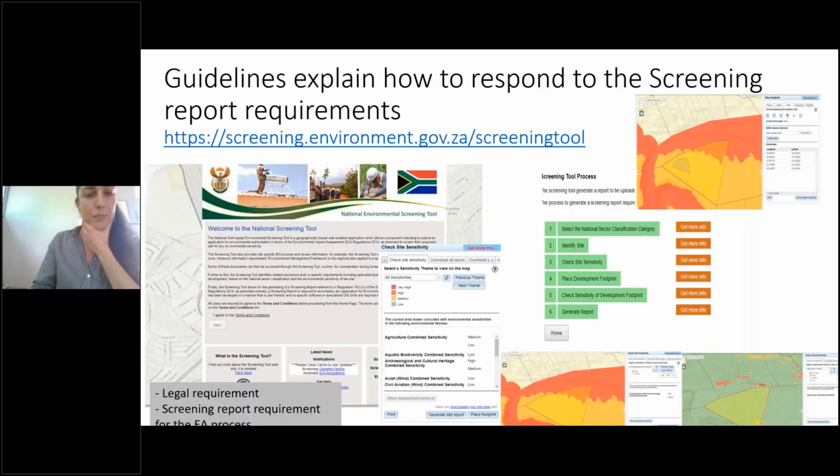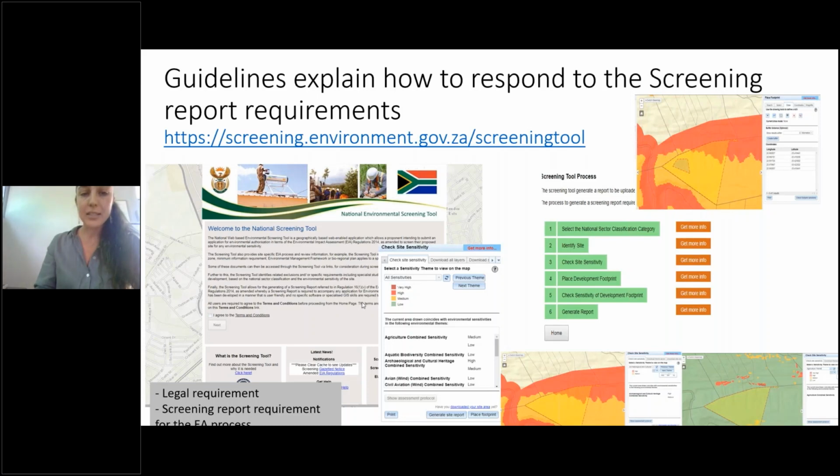Okay, so I am aware that you've heard about the screening tool, but for those who were not on the previous webinar and are not yet familiar with it, this is a tool that is online, and it's now regulated that for any development, the applicant needs to upload the development footprint, you see here, onto this website. And once the development footprint is uploaded, it intersects with all layers of sensitivity for that site.